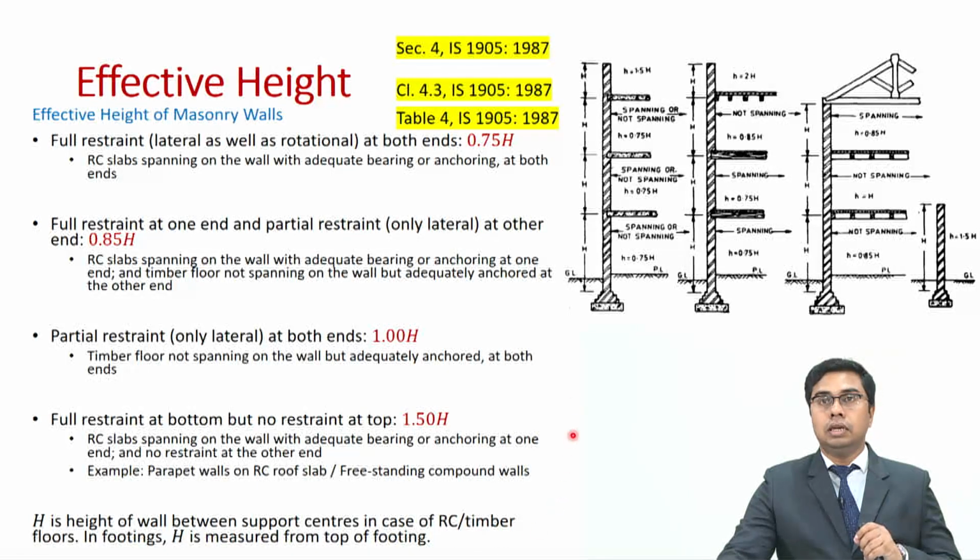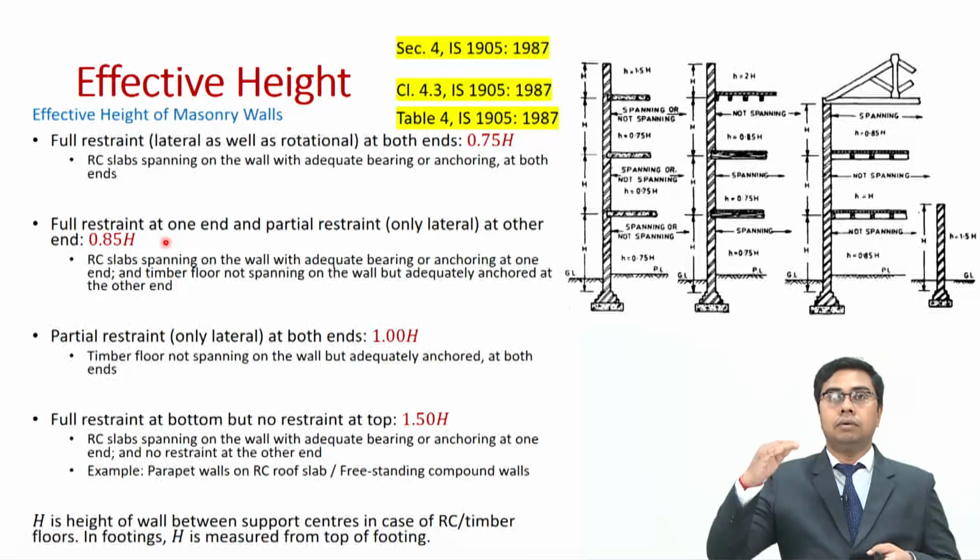Alright, then if we have the full restraint at one end and partial restraint at the other end, then the effective height shall be equal to 85% of H. Now, when can this situation arise?